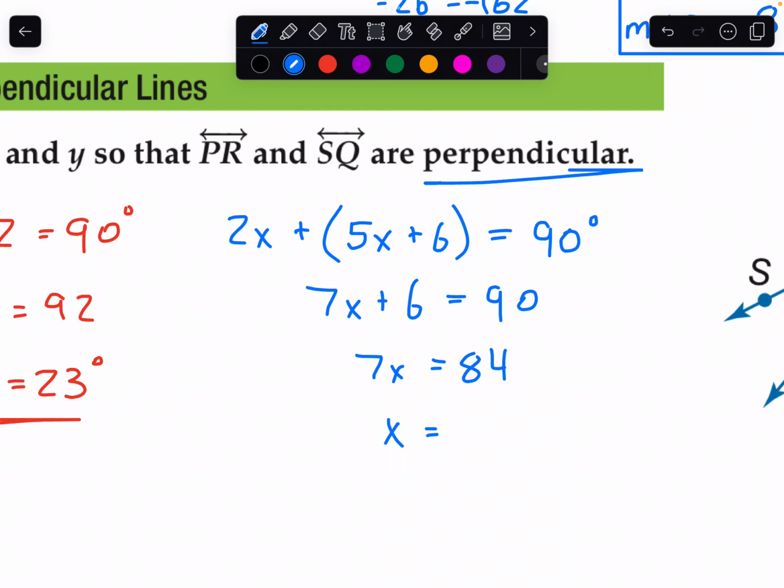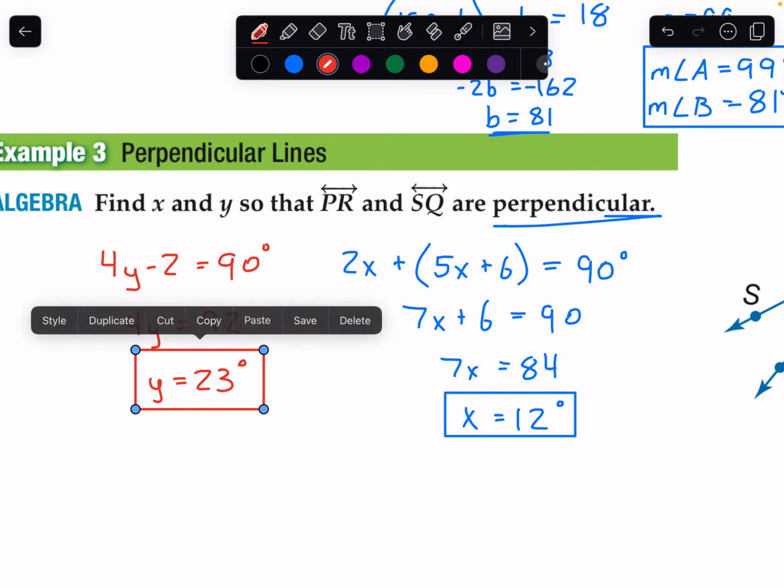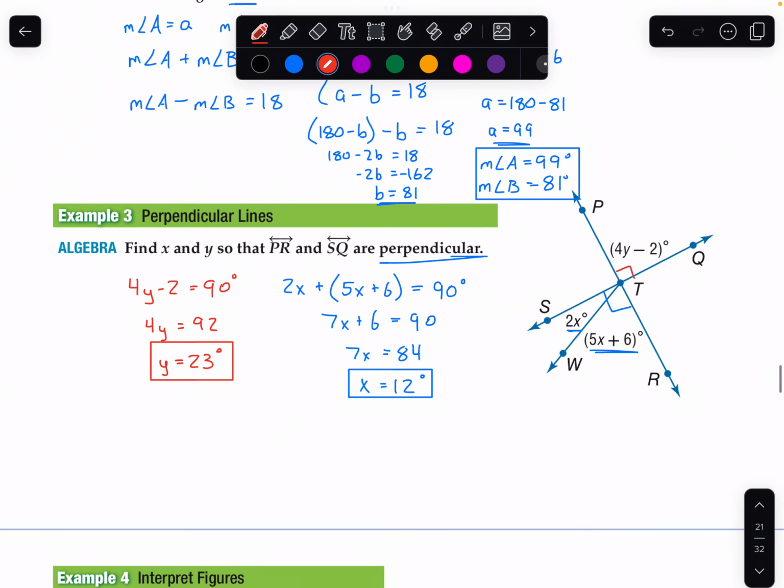And 84 divided by 7. 7 times 3 is 21. 21 is a fourth of 84. So 3 times 4 is 12. X equals 12 degrees. And that is what they wanted, x and y. So I'm going to put a box around this as well. That is my final answer. There were no further steps.